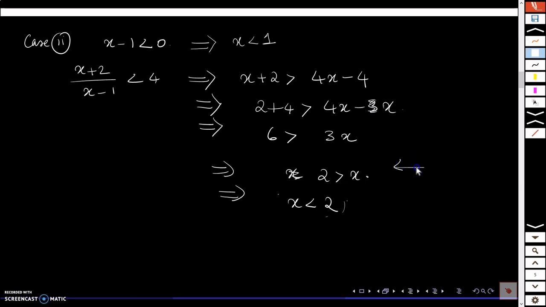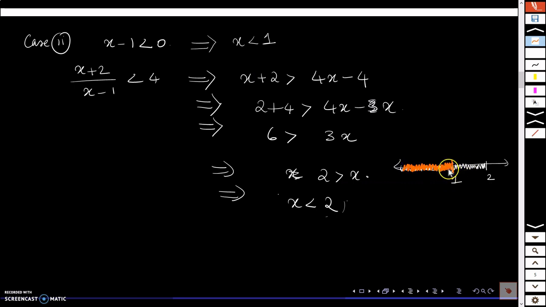So I have 1 and I have 2 here. According to this condition, x must be less than 2. So all these numbers will be coming under that. All these numbers are less than 2. But when I go to the first condition that I assumed here, x must be less than 1, and I need only those x's which satisfy both the conditions.